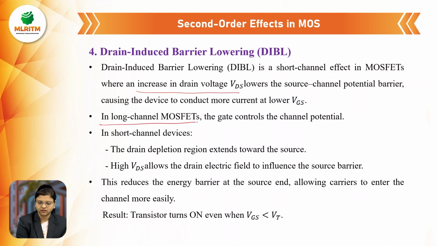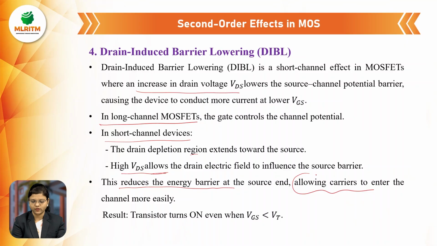In the long channel MOSFET, the gate solely controls the channel potential, but when short channel devices came into the picture, the drain depletion region extends towards the source because of the pinch off effect, and higher VDS allows the drain electric field to influence the source barrier. This reduces the energy barrier at the source end, allowing carriers to enter the channel more easily.